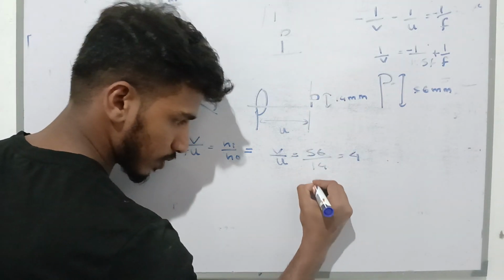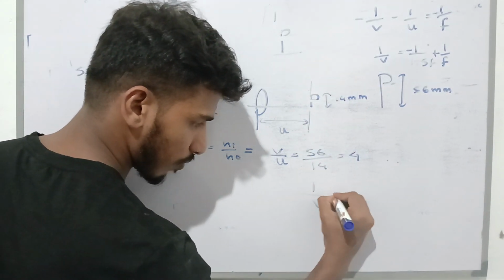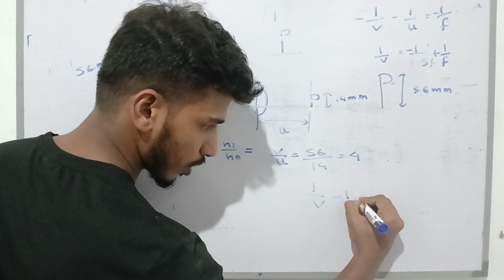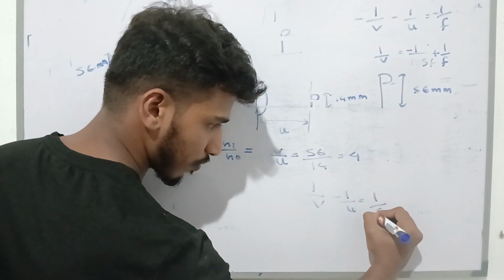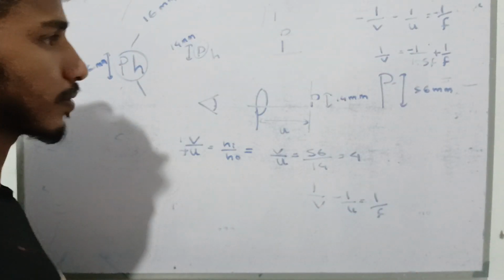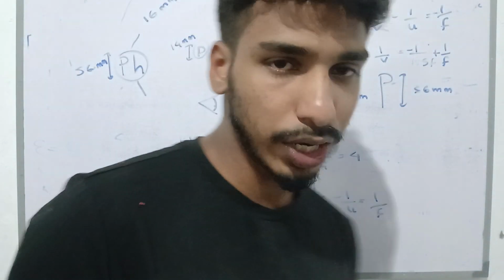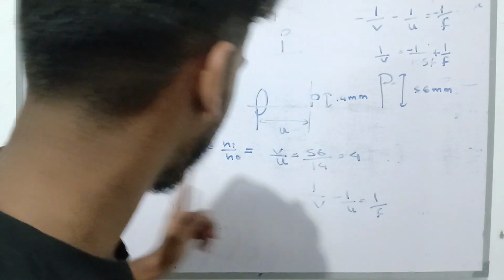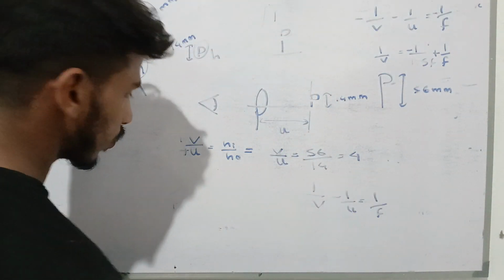We know 1 over V minus 1 over U is equal to 1 over F. I don't know any of them, V and U, only the focal length is known. It's a convex lens, so it is negative.